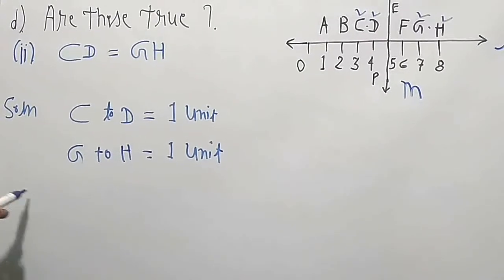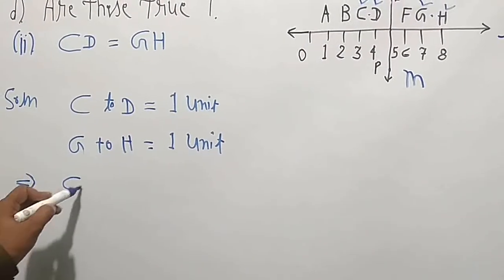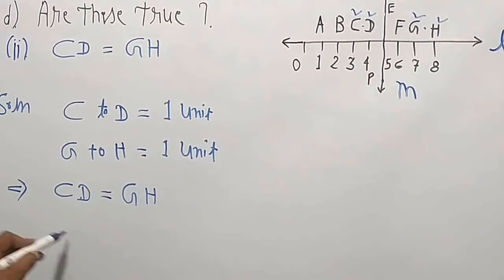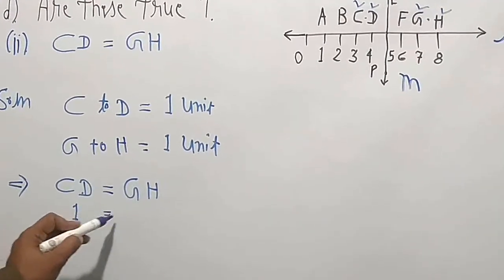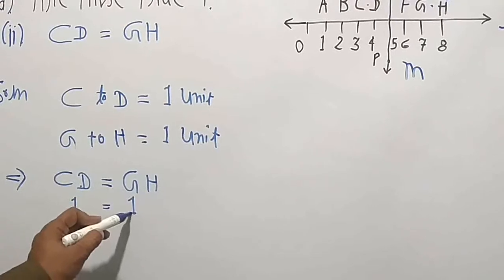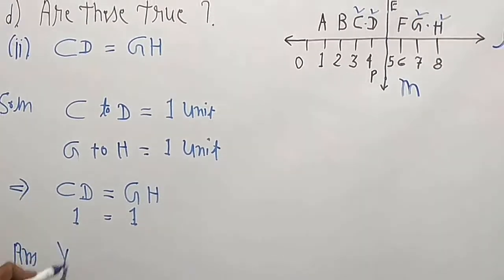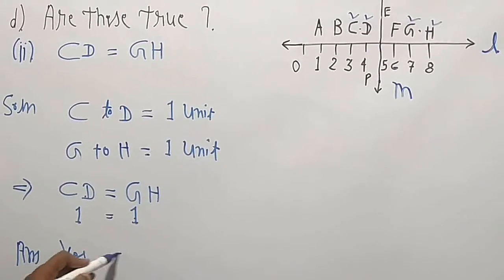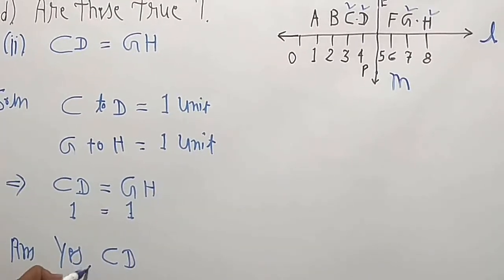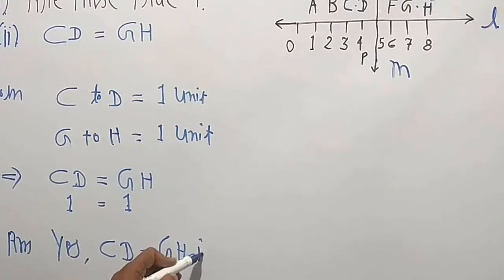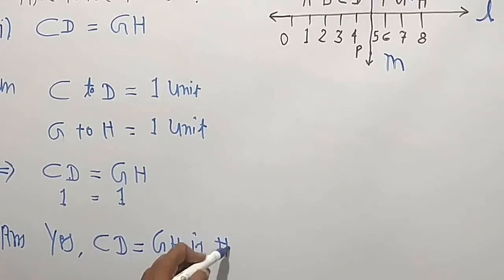It shows that CD equals GH, because CD is 1 unit and GH is 1 unit. So in the answer we can write yes, CD equal to GH is the true statement.